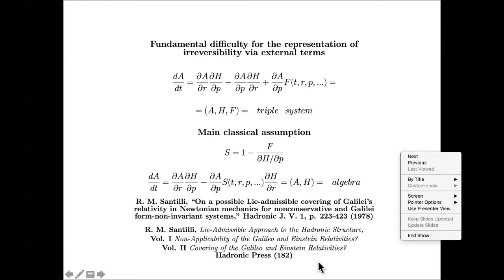I should indicate why the title Lie Admissible Approach to the Hadronic Structure. This was around 1978 to 1979, when everybody was using Lie algebras for the representation of hadrons. The reason for going from a Lie algebra, such as SU3 that was used at that time, to a Lie admissible algebra was that all hadrons are highly unstable, with the exception of the proton.